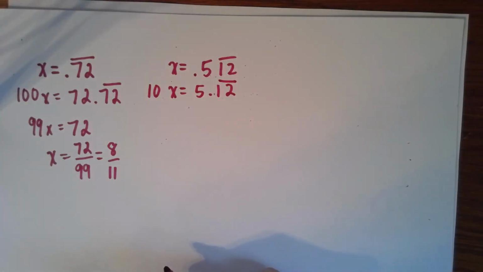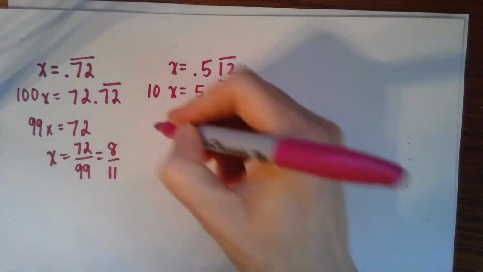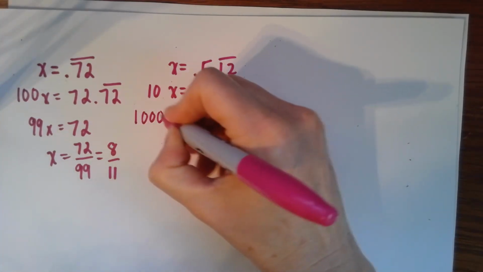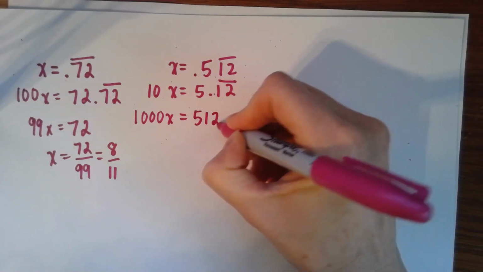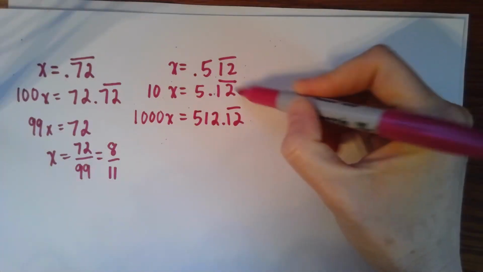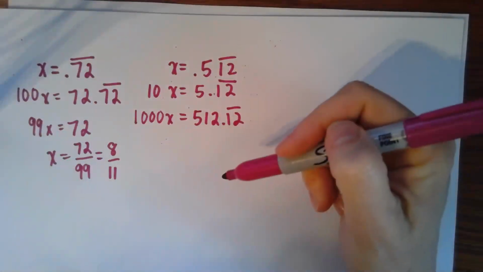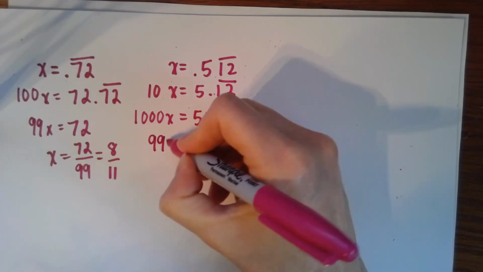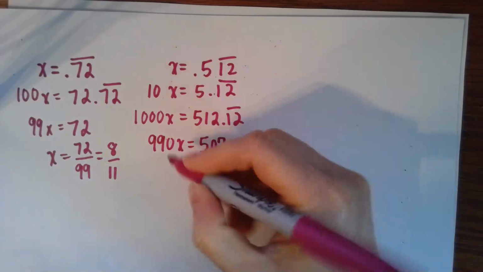After we do that, then we can move it past this repeating chunk, so multiply it by 100. If we multiply this side by 100, we'll get 1000x, and on the other side we get 512.12 repeating. Now these two have the 0.12 repeating, and when we subtract them, the repeating parts will go away. So when we subtract bottom minus top, we get 990x, and here we get 507.